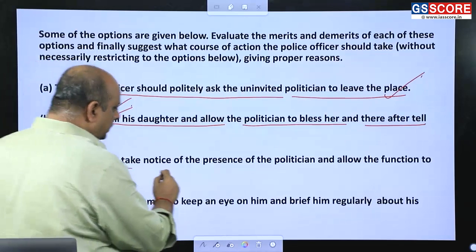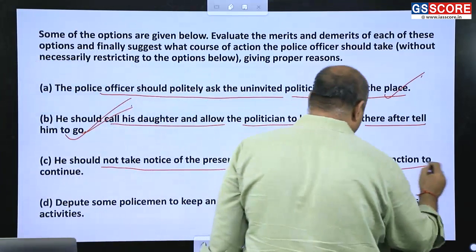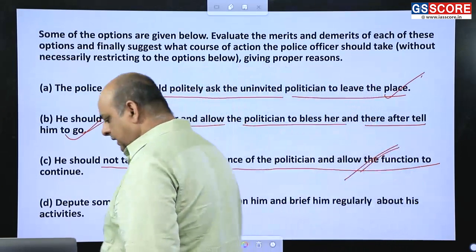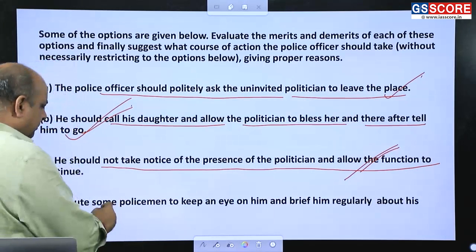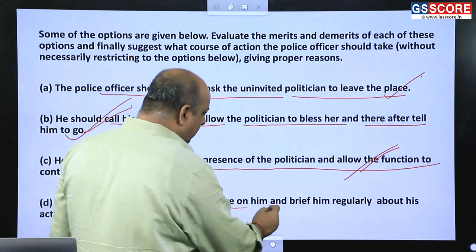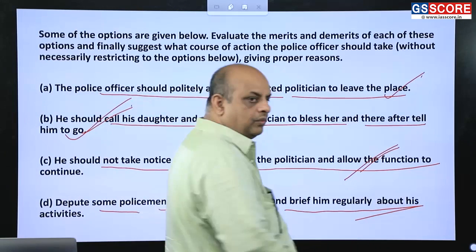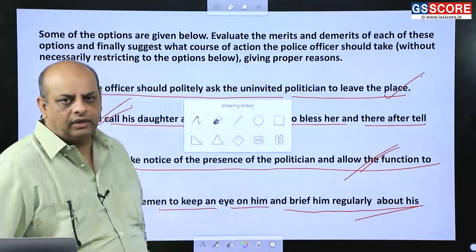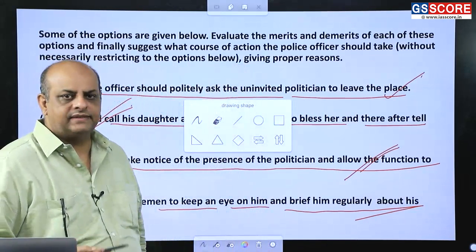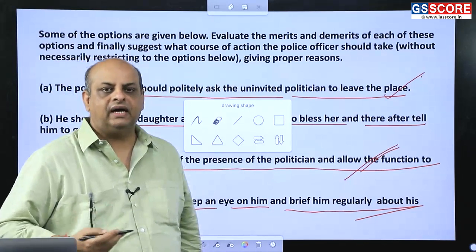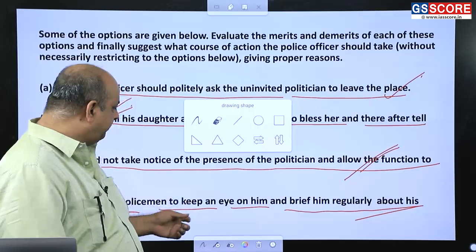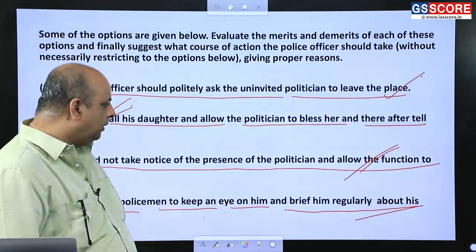Or he should not take notice of the presence of the politician, in the sense of ignoring him and not wanting to create any ruckus on that occasion. Or depute some policeman to keep an eye on him and brief him regularly about what he is doing, because he must have some bad intention, since why would a notorious criminal come uninvited? So keep an eye on him.